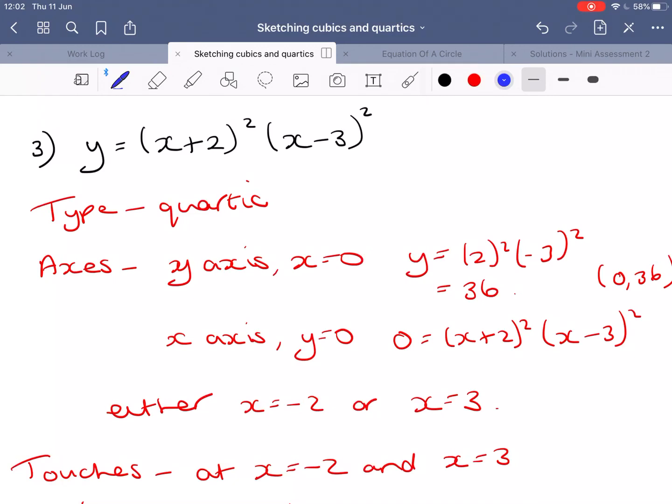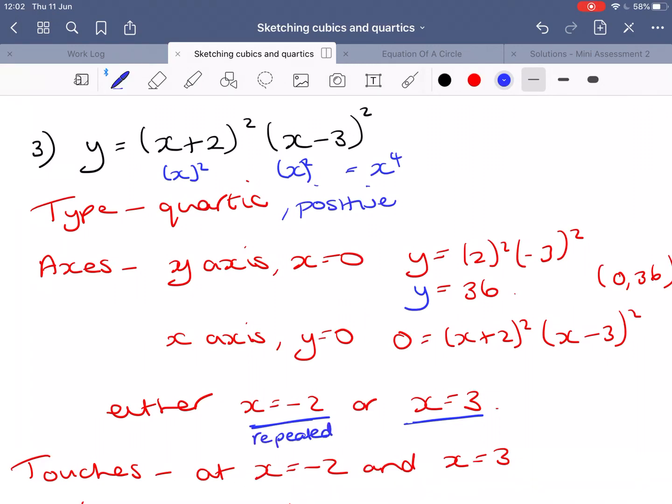Right, what have we got? We've got a quartic because we've got here an x squared and here we've got an x squared. So that makes an x to the power 4 and it's positive. Okay, let's do our axes. So we know when x equals 0, our y equals 36. When our y equals 0, we've actually got two solutions, but both of these solutions are repeated.